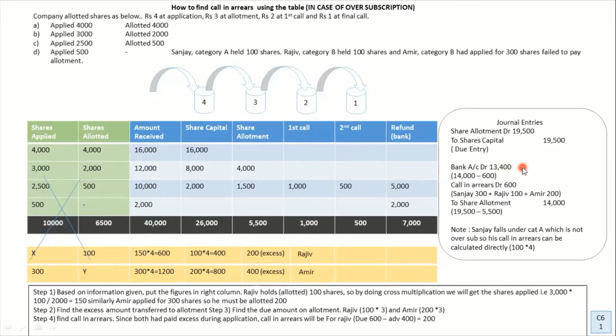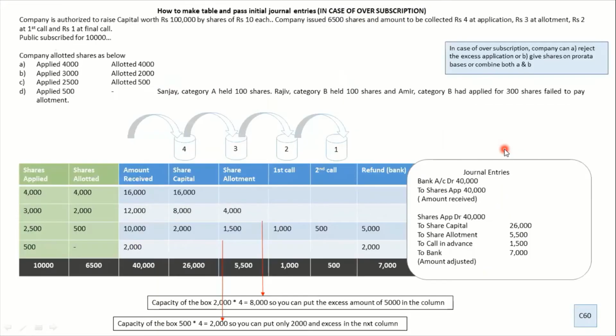Now, what is the next journal entry? Bank account debit, call in arrears debit to share allotment. So just write down the journal entry as it is. First thing, what is the figure you're going to write for share allotment? You cannot write 19,500 because in the previous PPT slide, if you notice, you have collected 5,500.